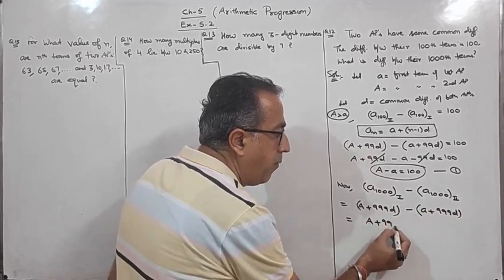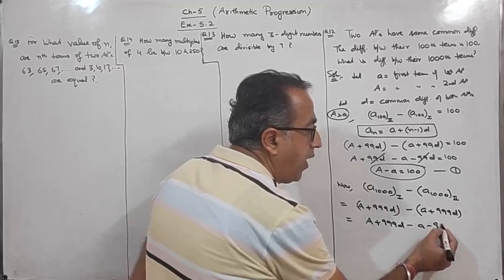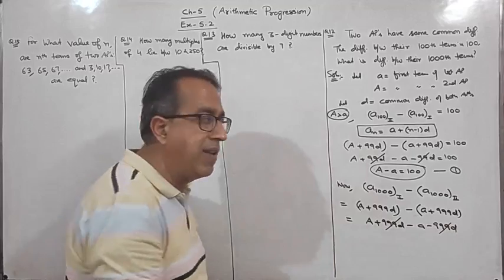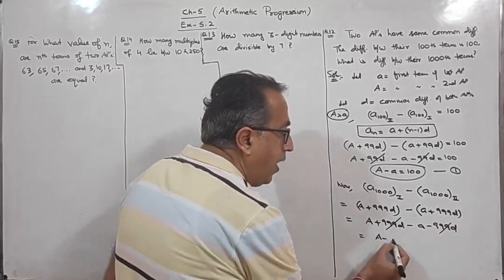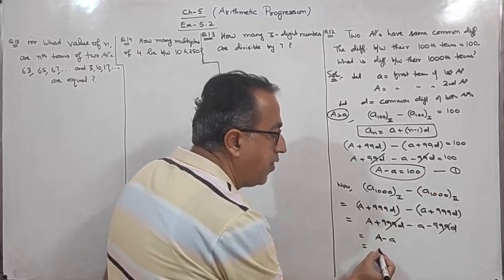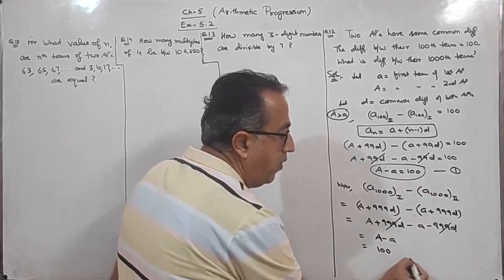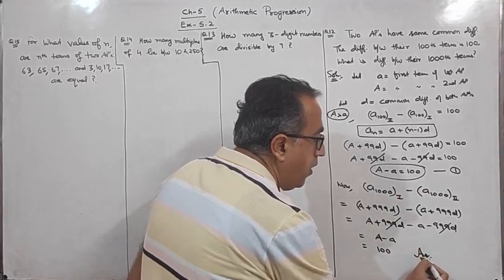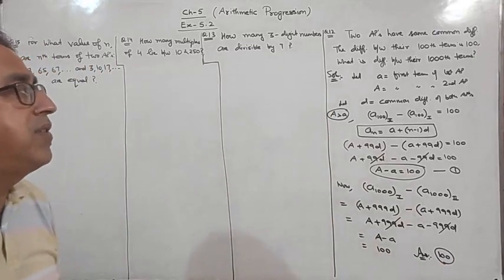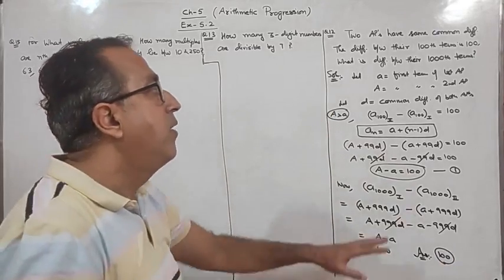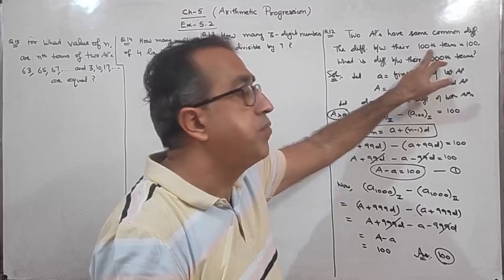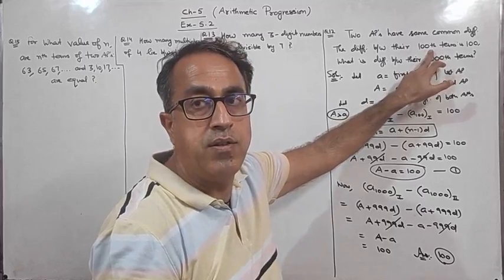Open this bracket: minus a minus 999d. 999d gets cancelled. What is left is A minus a. Again from equation 1, A minus a is 100. So this is the answer: 100 will be the difference between their 1000th terms, as it was between their 100th terms.